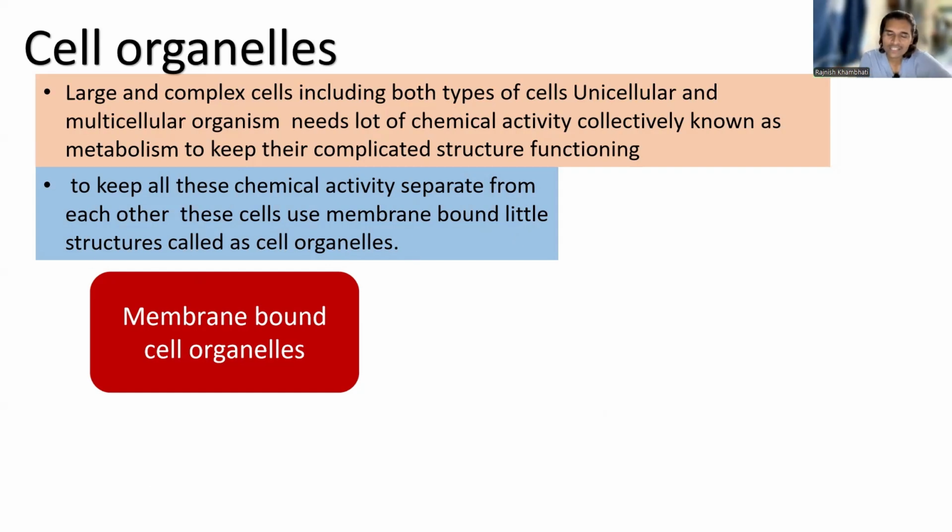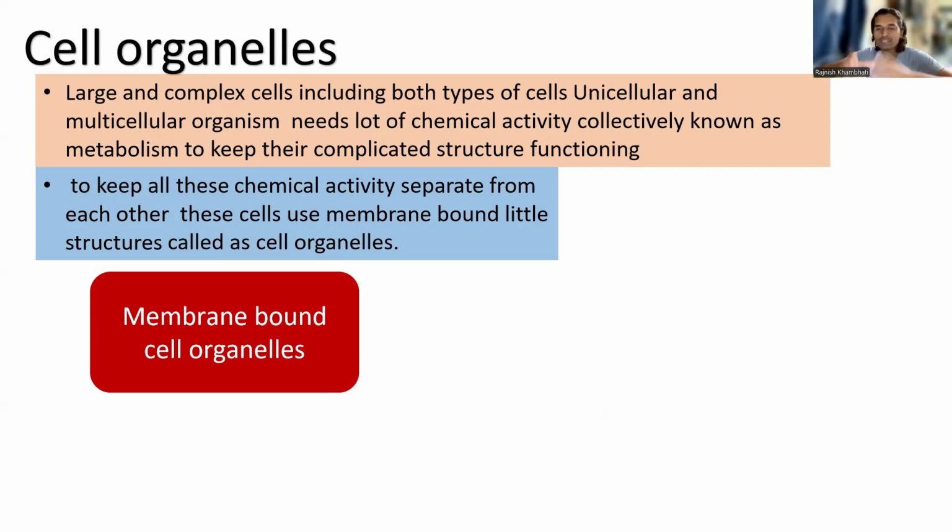Now try to understand this. All the cells will do metabolism for living, meaning chemical reactions. But what if all these chemical reactions occur together? They will mix with each other, and because of that there is no result at all. So all these activities have to be separated from each other, and that is where cell organelles come into action, because all the cell organelles are separated from each other and from the cytoplasm.